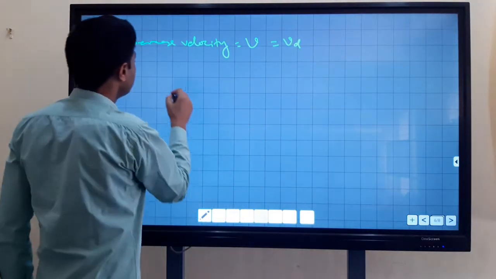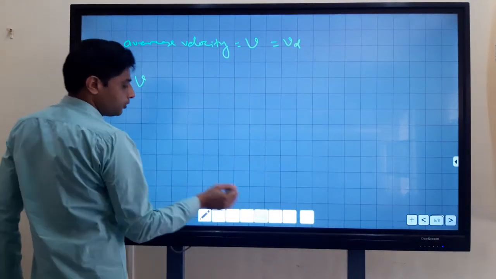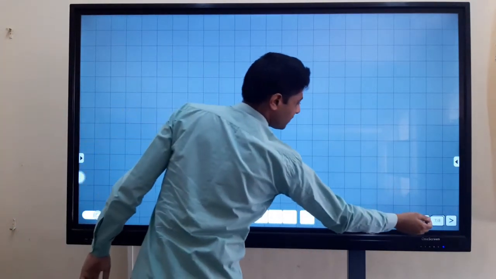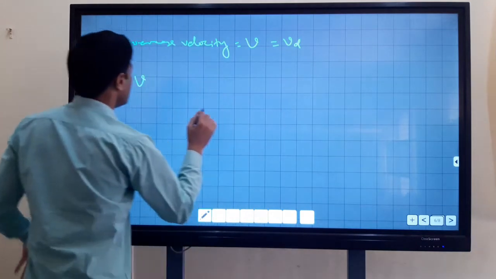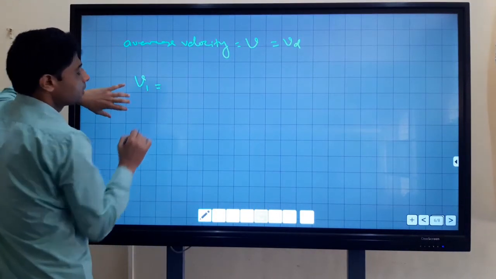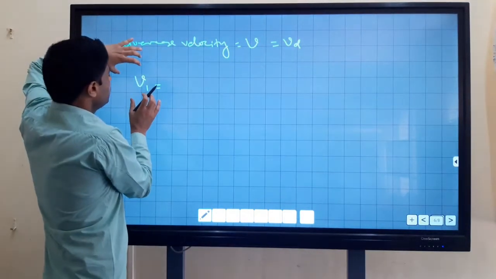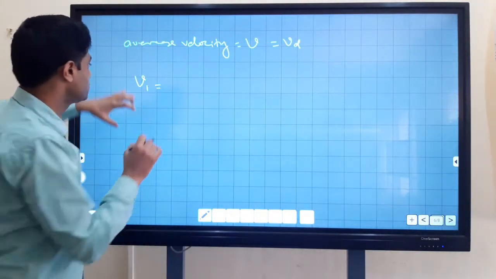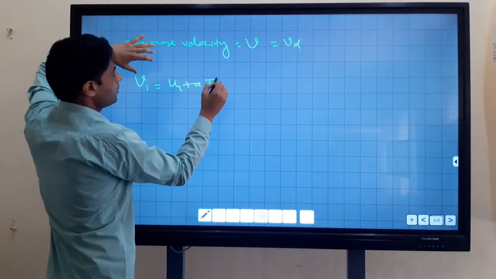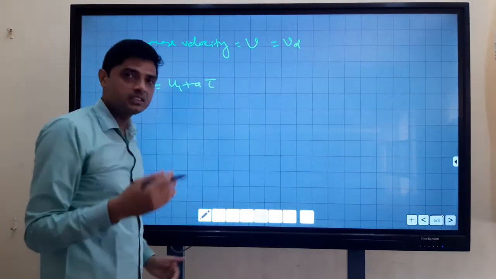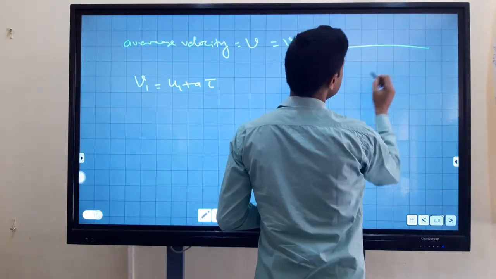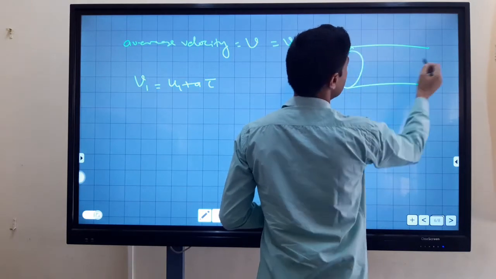For one free electron, the velocity V1 is given as V1 equals U1 plus a tau, where tau is the relaxation time between the collisions of free electrons.